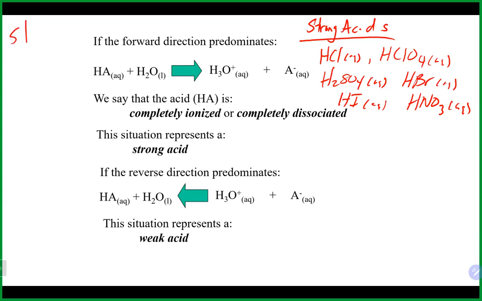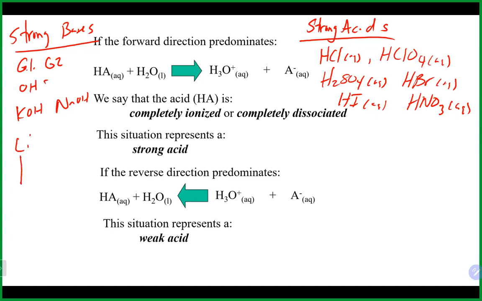Strong bases, as I talked about earlier, are pretty much your group 1 and group 2 elements on the periodic table that have hydroxide in it, though not everybody from those groups. Again, like KOH, sodium hydroxide. If you look at group 1, go down to potassium, and then hang over and come down to group 2, any of those with hydroxide is going to be on the strong side in terms of a base.